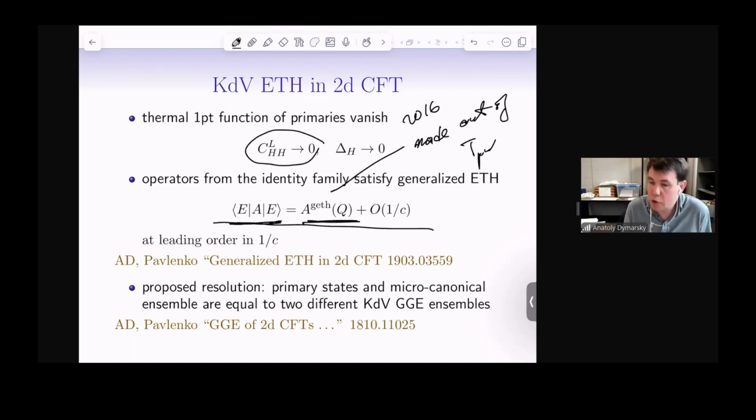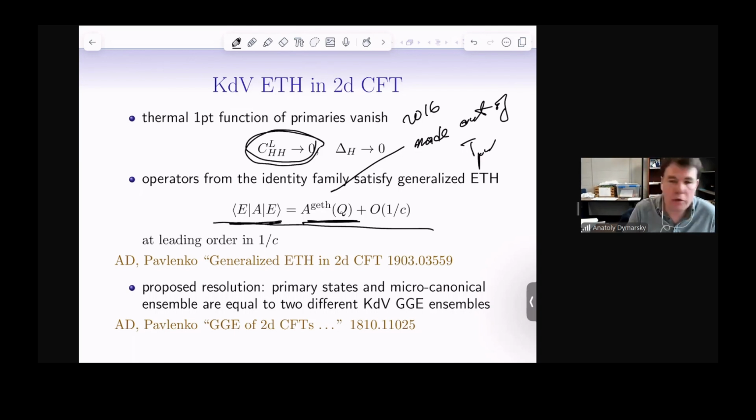Eigenstate Thermalization Hypothesis in conformal field theory. And the idea is that you can reformulate the statement that primary states will have 0 expectation value in any energy eigenstate. That expectation will boil down to the statement that certain heavy-light OPE coefficients have to vanish.